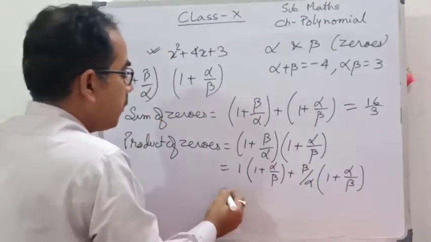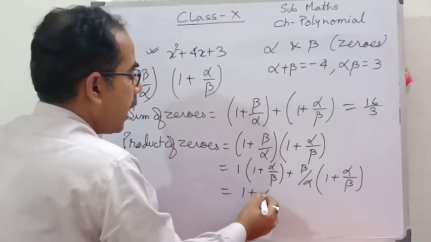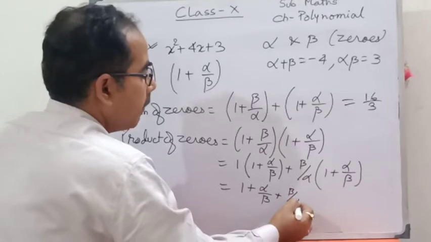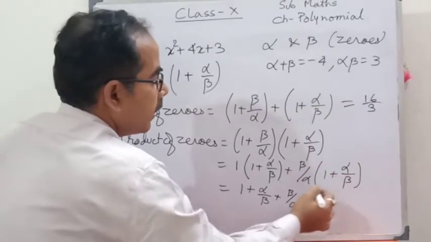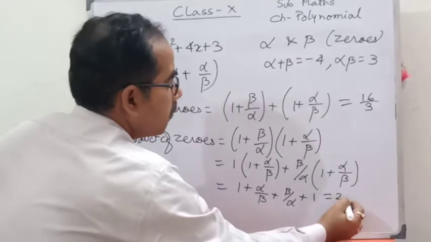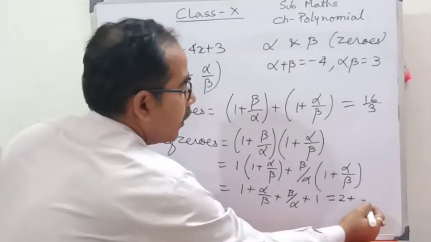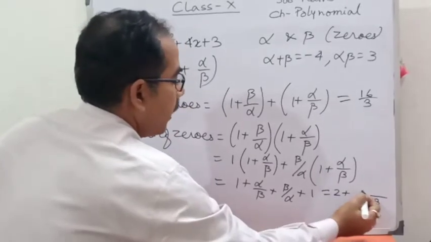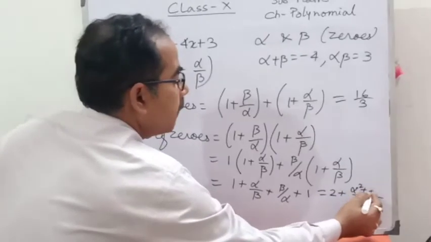If you do the multiplication, you are getting 1 plus alpha by beta plus beta by alpha plus, if it cancels out, you are getting 1. That means 2 plus, do the LCM, alpha beta, in a similar way, alpha square plus beta square.